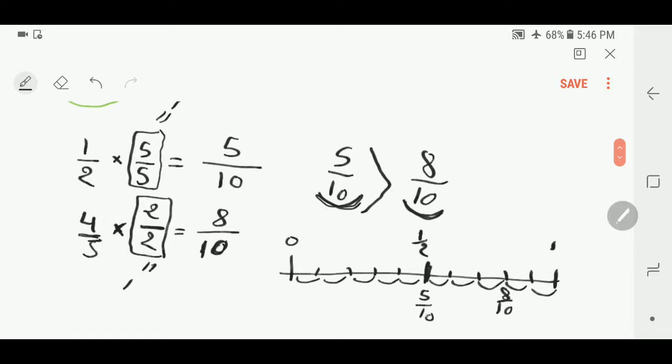When you have the same common denominator, the larger numerator is the bigger fraction, because it's the same as counting. If I ask you what's bigger, 5 or 8? 8, of course. Same thing here.